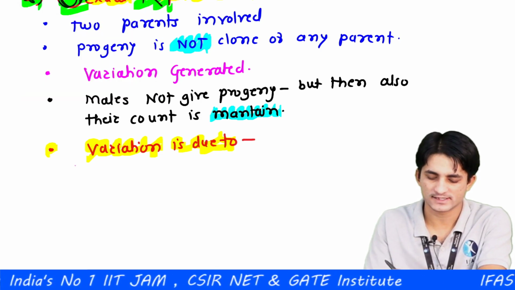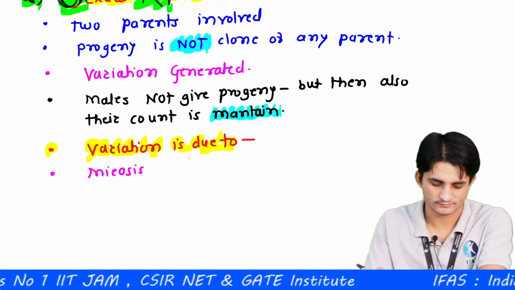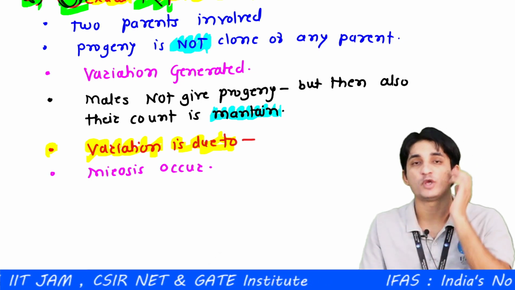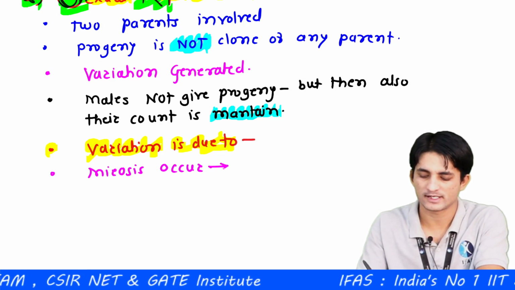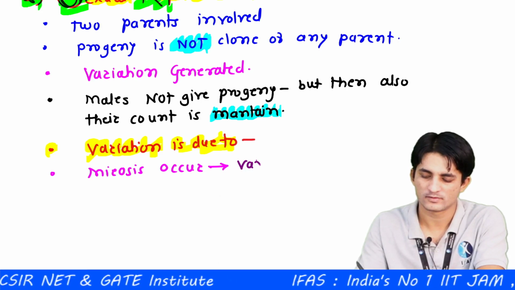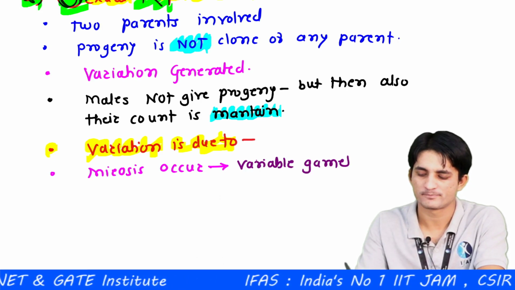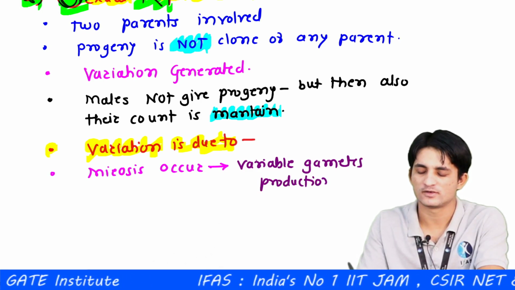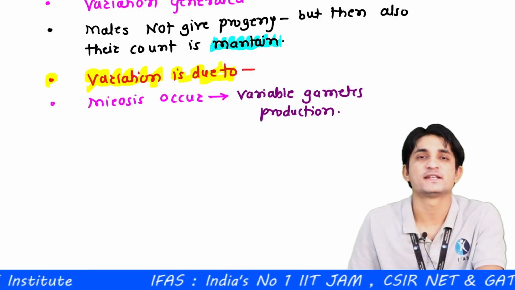The major reason is that meiosis occurs, and meiosis produces variable gametes. So variable gamete production by the process of meiosis, and therefore here variation is produced.